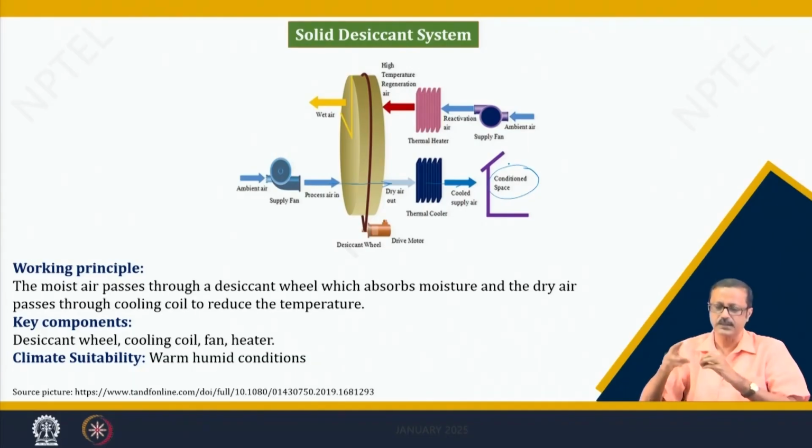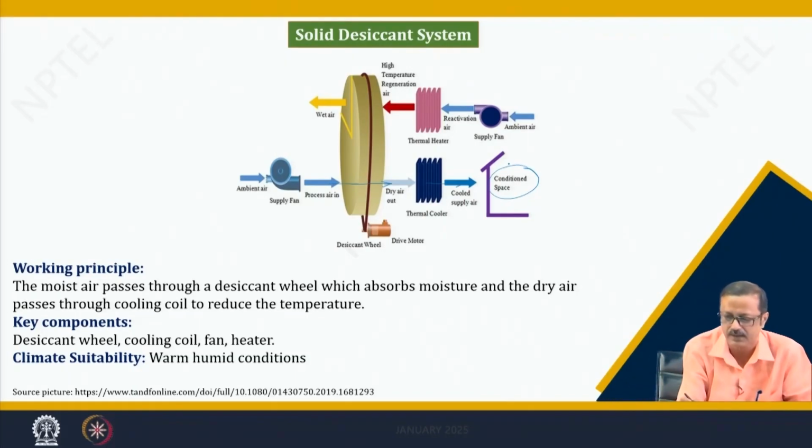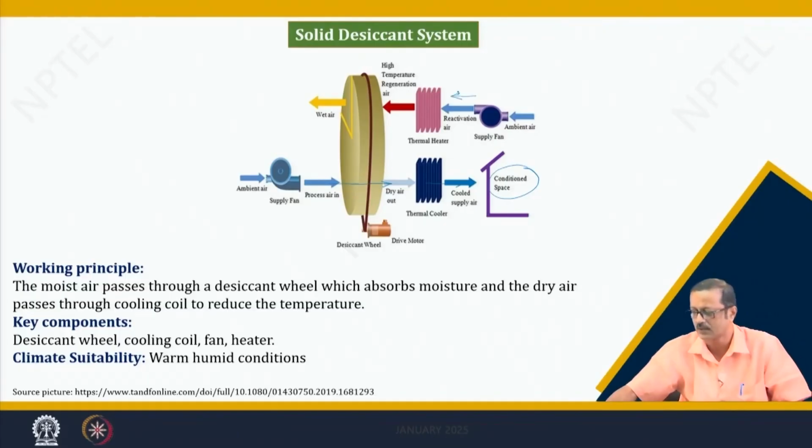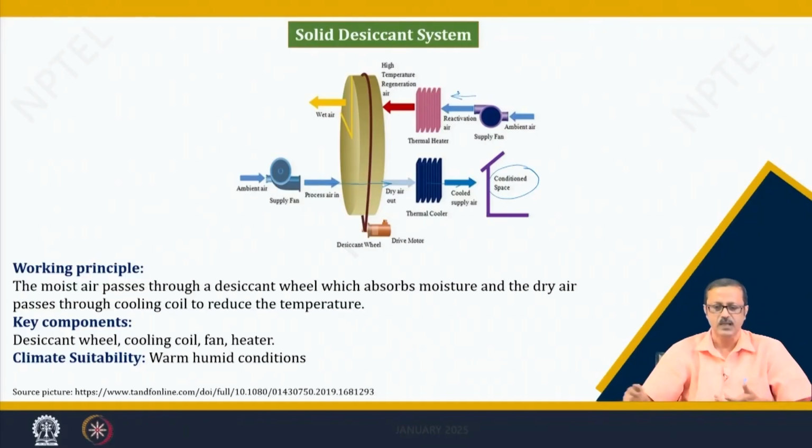Now, this particular air will be circulated, and then it will act as return air, and it will pass through a thermal heater, which will again increase the heat, and then again it will go through the desiccant wheel, where it will take this particular moisture in. So, the desiccant wheel is now balanced.